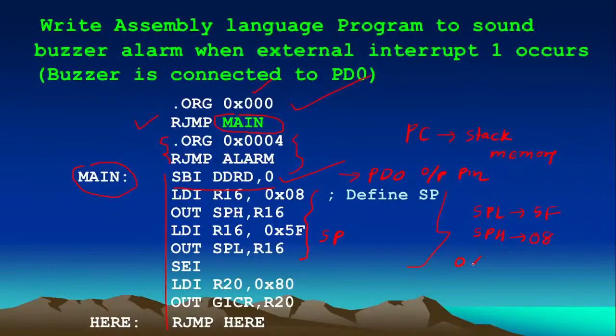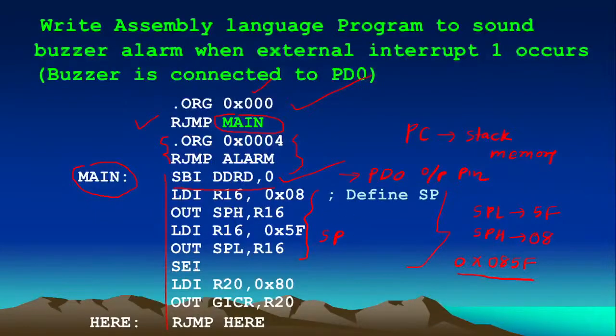That means the stack pointer address becomes 0x085F. So at this memory location your program counter will be saved. Whenever an interrupt is executed, your program counter will be saved at this particular stack pointer location. That's why we need to define a stack pointer here.